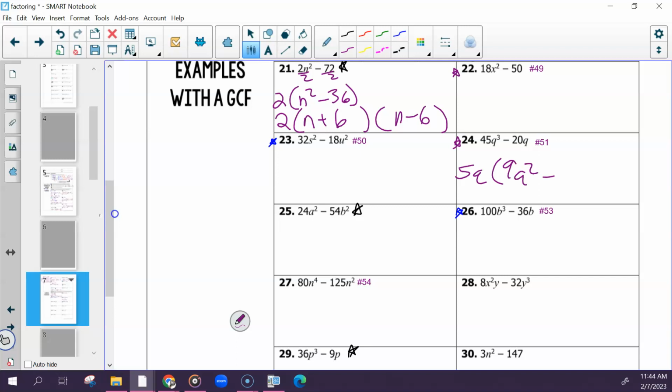Q squared minus not 5, but 4. What can we do with that inside?